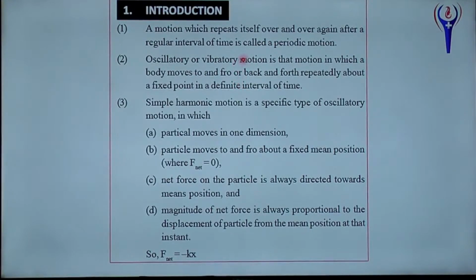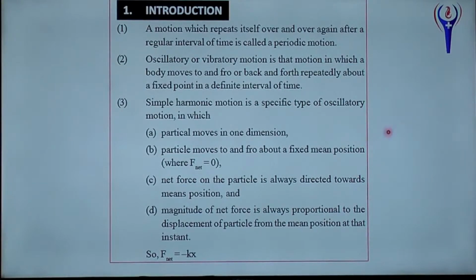For example, Earth revolves around the Sun in an elliptical orbit, that we studied in gravitation. Okay. Is it an oscillatory motion? No. But that is a periodic motion. Is it so? Earth revolves around the Sun after 1 year. It repeats itself in a regular interval of time.